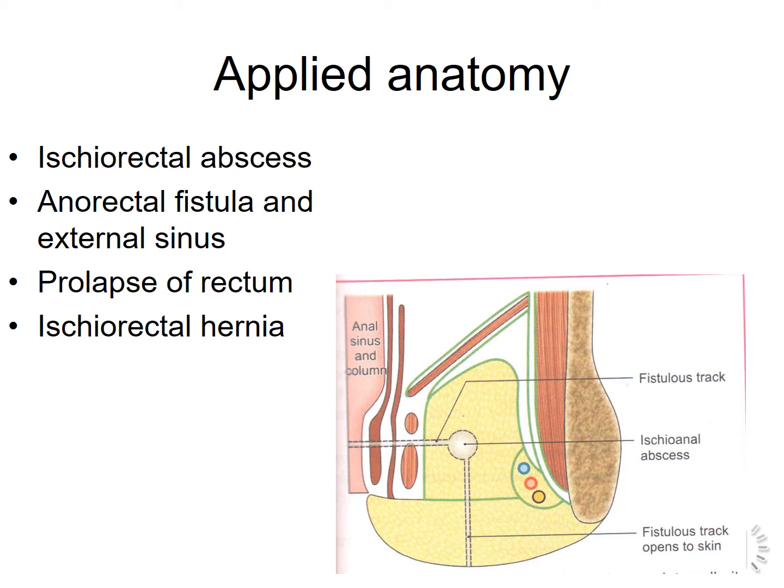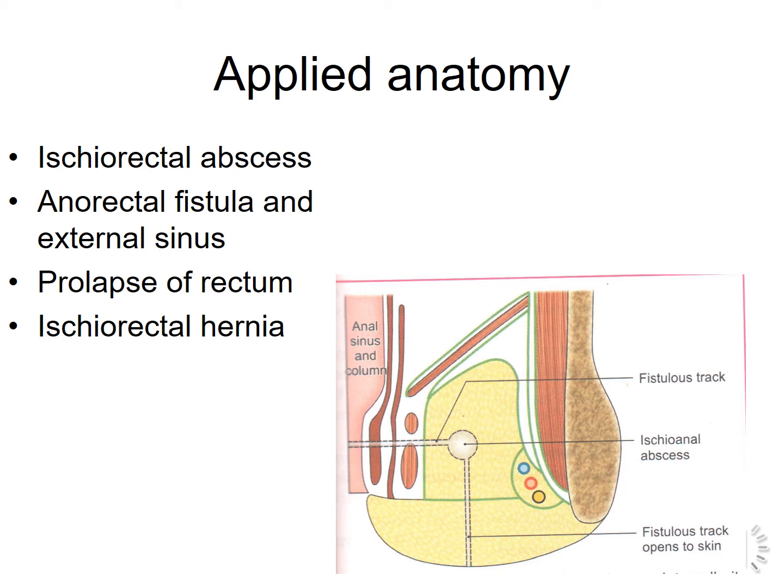As we have already discussed, perianal space and the ischioanal space, both of them are the potential sites of infection, and if the infection or abscess is there in the perianal space, it will be painful, whereas in the ischioanal space, if the infection is there, the pain will only be produced when there is excessive amount of swelling, and it will proceed without any impending tension because fat is loosely arranged in ischioanal space.